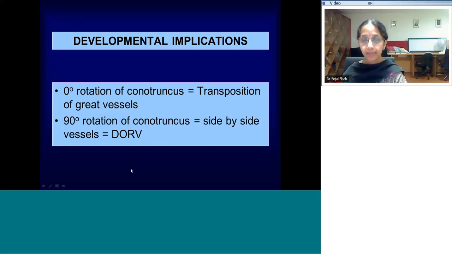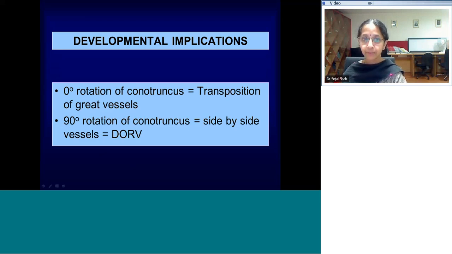Now what happens if there is a problem in the whole process? If the conotruncus does not rotate, it causes transposition of the great vessels. That means persistence of how the septum would have been without the spiral rotation.